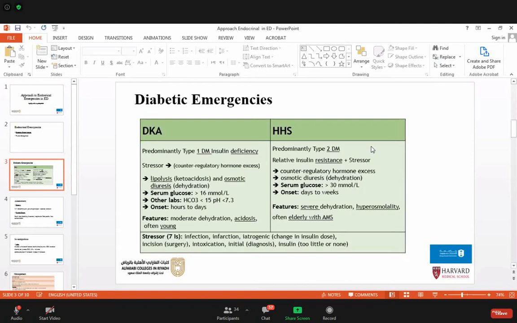As we all know, diabetes is really our biggest enemy here in Saudi. Almost 35% of the population have diabetes, either type 1 or type 2.